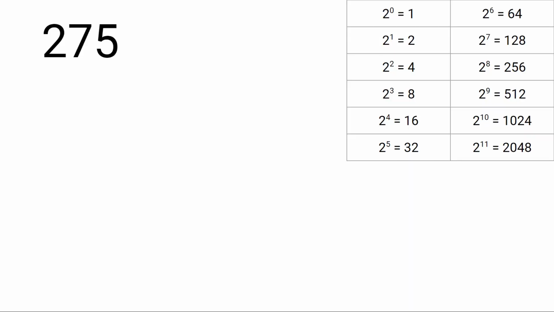Although it's not necessarily easy to see, we can write this number as a sum of powers of 2 like this. 275 is 256 plus 16 plus 2 plus 1. All those are powers of 2, and there were several that we skipped.